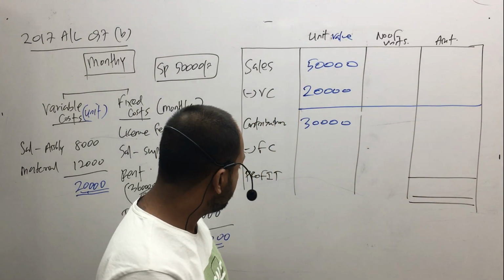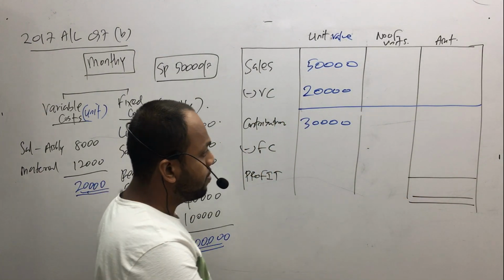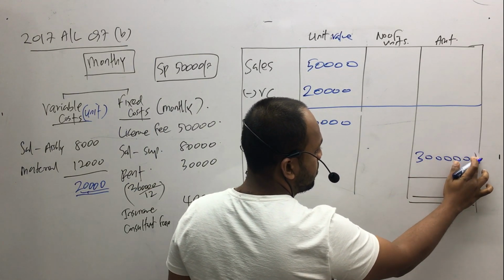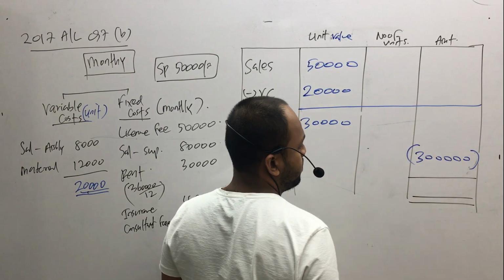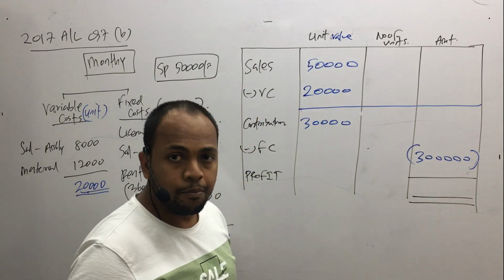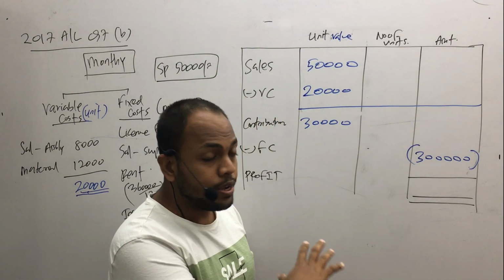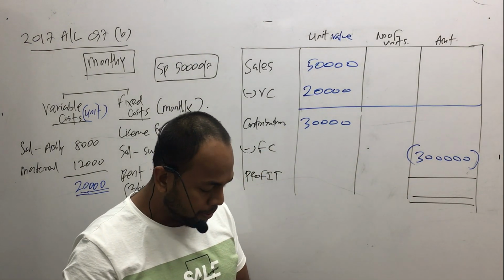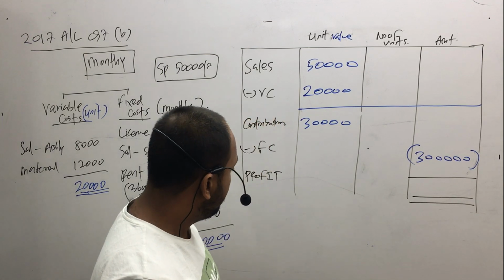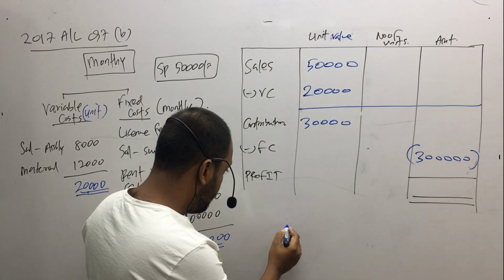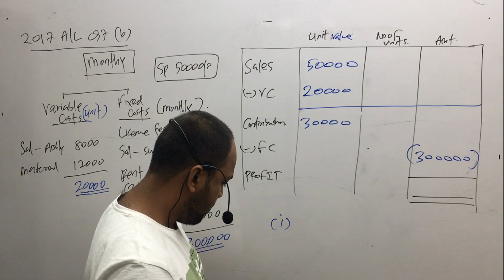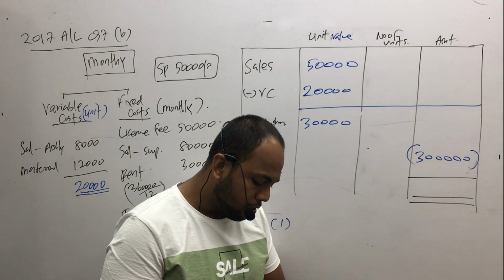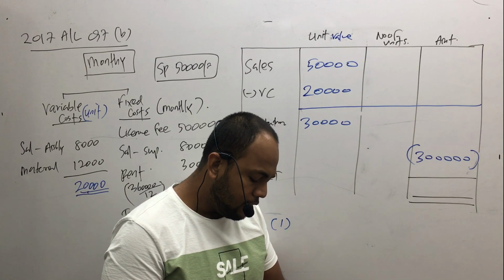And the total fixed cost per month is 300,000. So this is the information available, and using this we can do all other calculations. Question number 1. What is the monthly total fixed cost? Indicate each item separately.